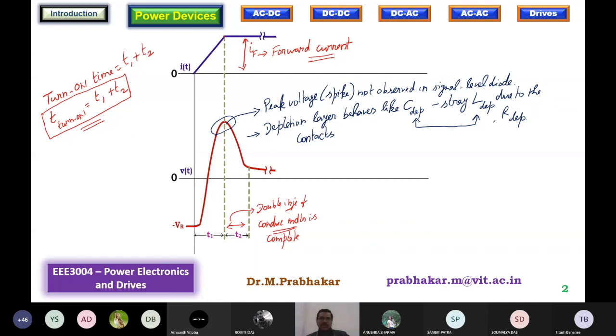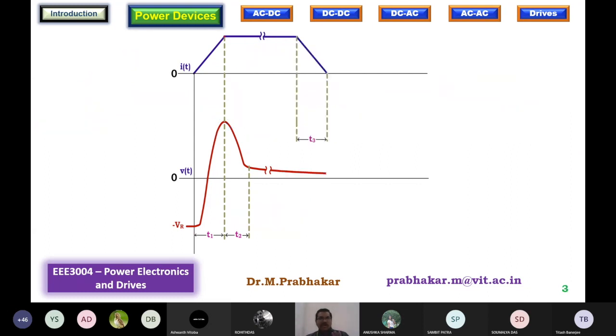So in reverse bias, again, there will be 3 points, but opposite. First of all, you have to remove the excess charge carriers, and then you have to make sure the depletion layer grows in thickness. Thirdly, width of the depletion layer should be able to block the applied reverse voltage. That's all, 3 points. These 3 points occur in 3 different time durations.